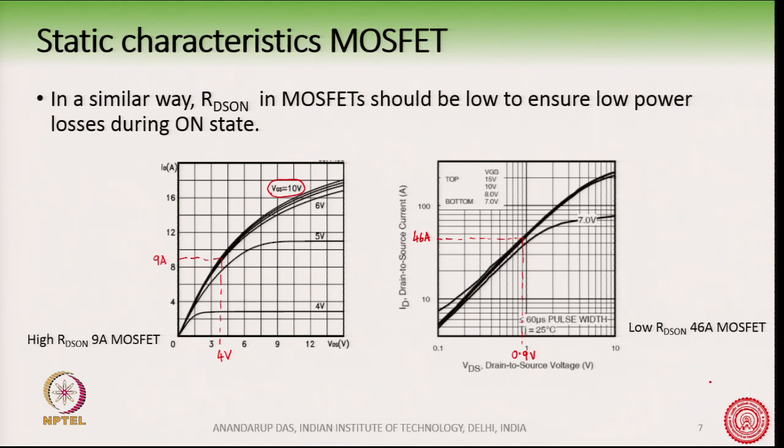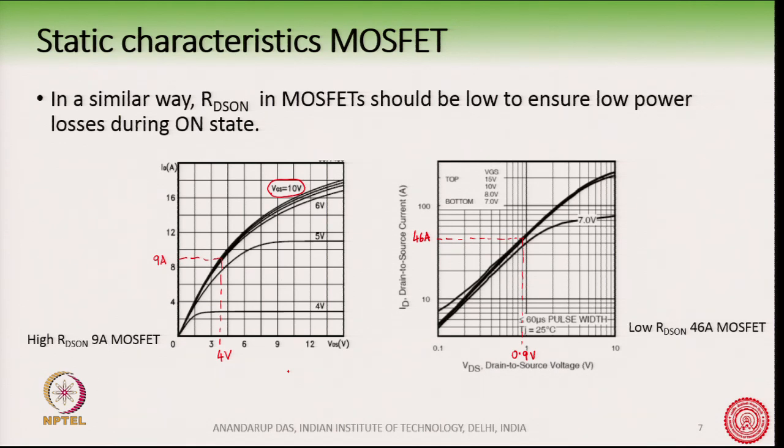So, clearly you can see that the MOSFET having these right hand side characteristics has only 0.9 volt as compared to about 4 volt for the left hand side MOSFET characteristic. So, the 46 ampere MOSFET will have much less conduction loss when the device is conducting as compared to the left hand one, and this is something which must be kept in mind.